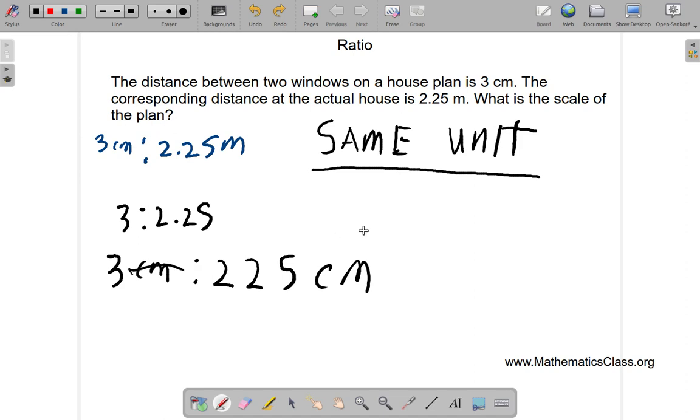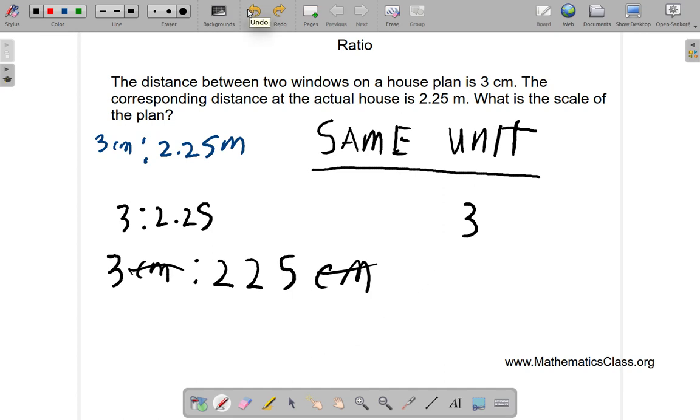So we have centimeter and centimeter. Good. We can do that because the ratio is really a fraction. 3 divided by 225. Centimeter up here, centimeter down here, centimeter cancels centimeter. So you're going to be using just numbers now, because remember, typically ratios don't contain the actual unit. All right.